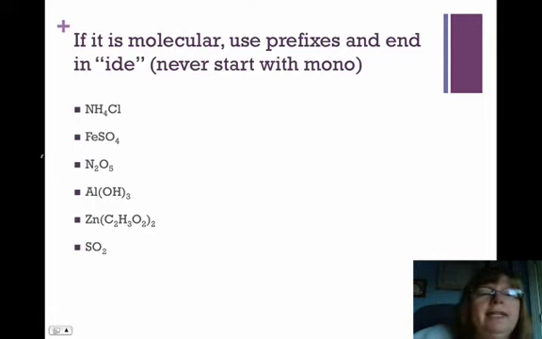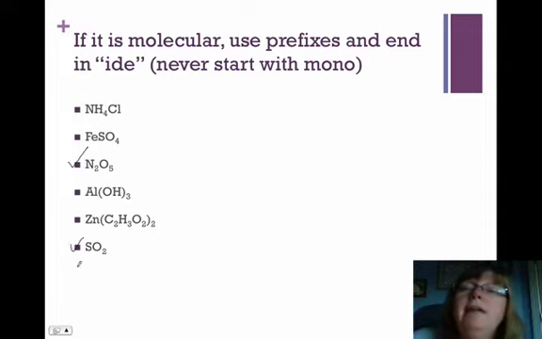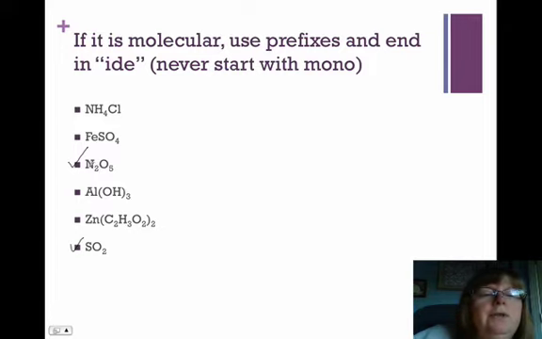Okay, so we identified this one as molecular, and we identified this one as molecular. When you have a molecular compound, that's when you use the prefixes. You never start with the word mono, and you always have the ending "ide." So let's name our two molecular compounds that were in this list. We have two nitrogens.